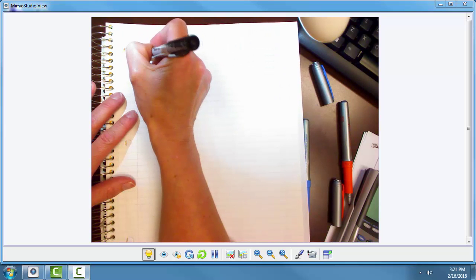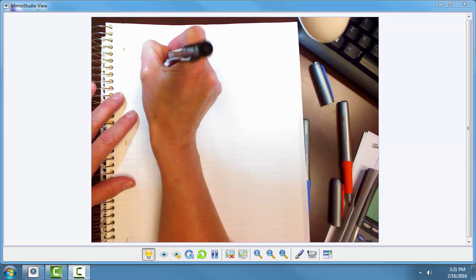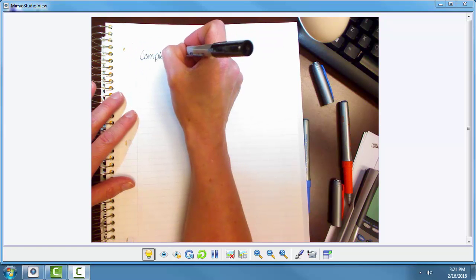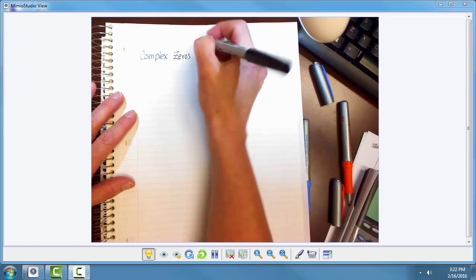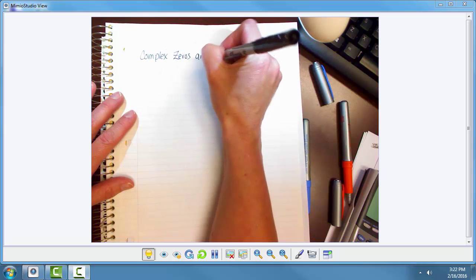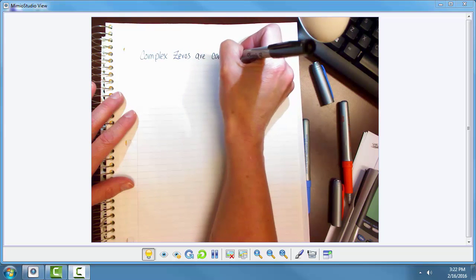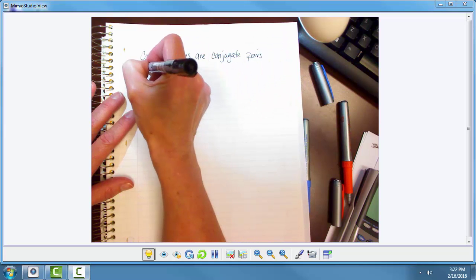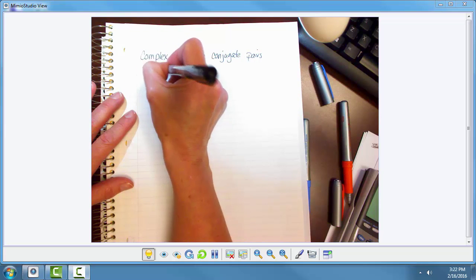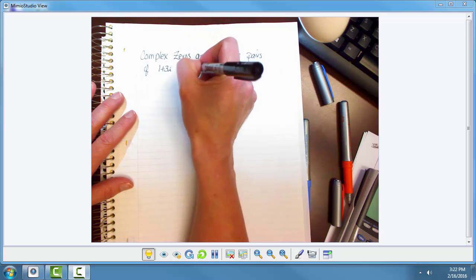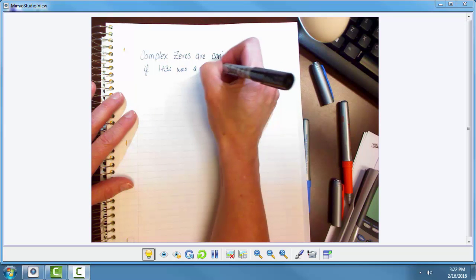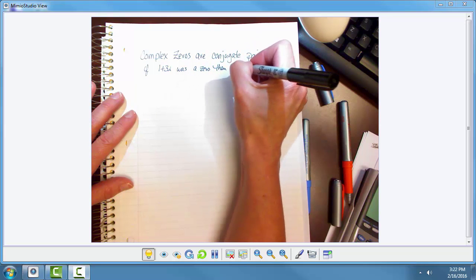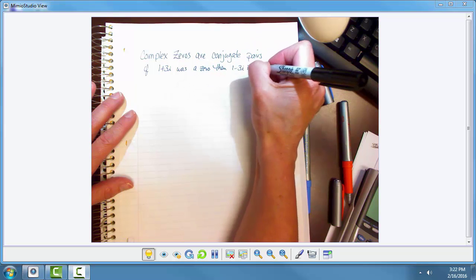If you'll remember from the complex numbers, or let's say complex zeros, are in conjugate pairs. If 1 plus 3i was a zero, then 1 minus 3i is also a zero.